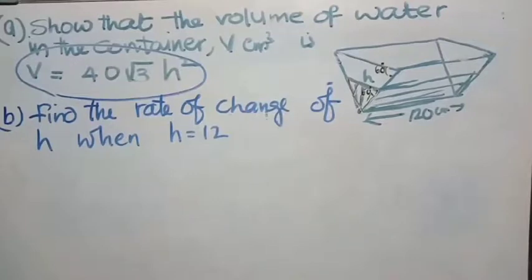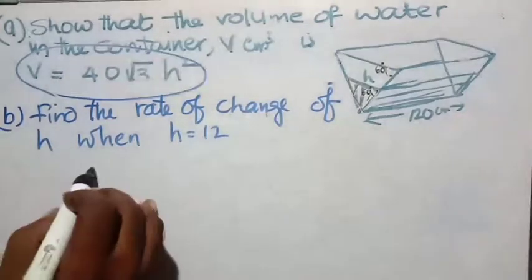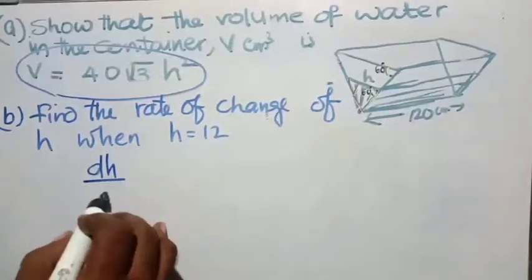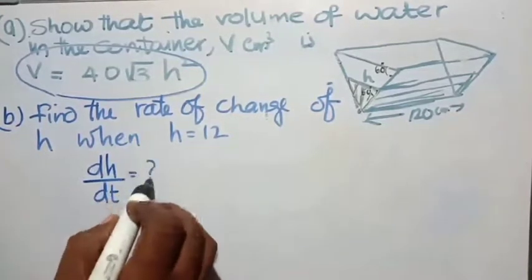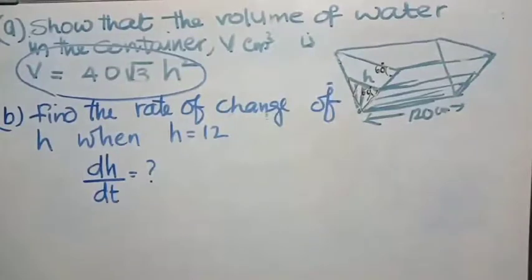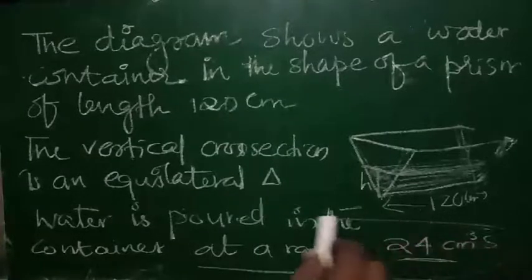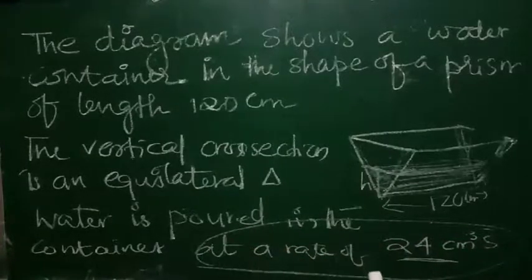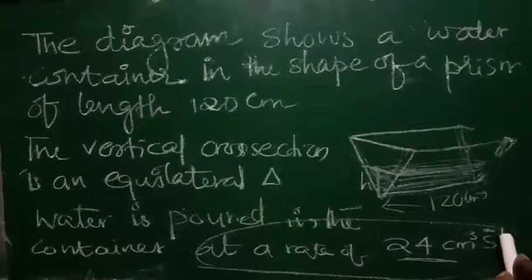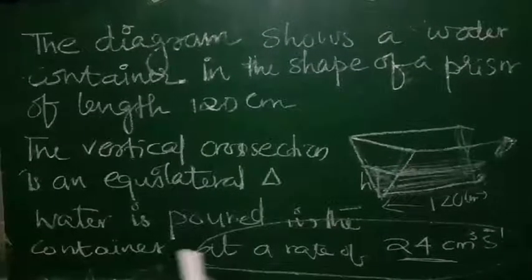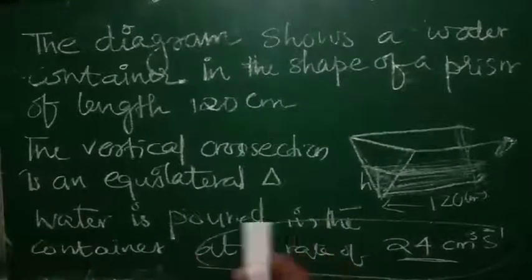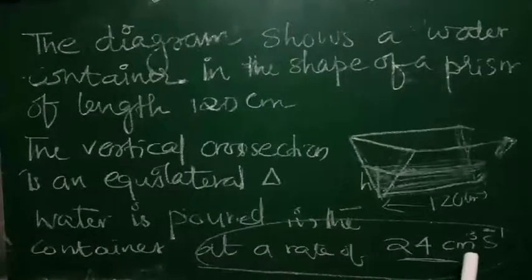So we have to find the rate of change of H. Rate of change of H means dh by dt. We have to find dh by dt because it is given that water is poured in the container at a rate of 24 cubic centimeter per second.